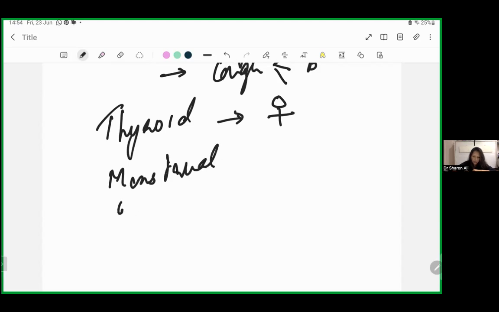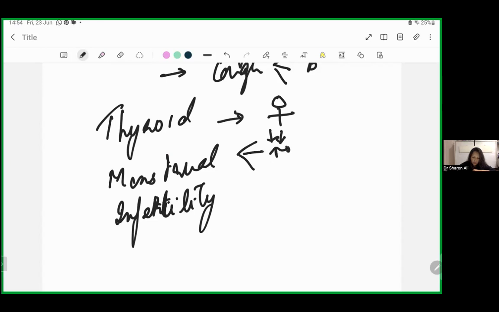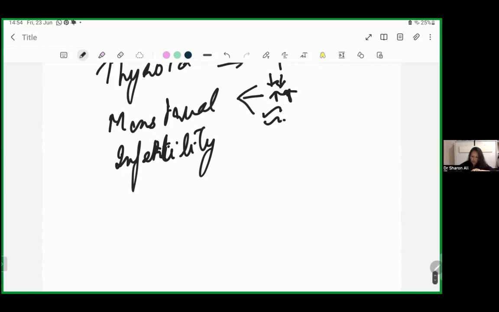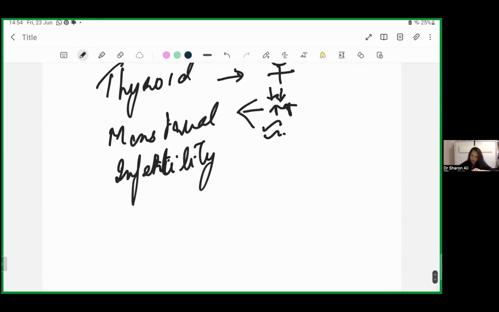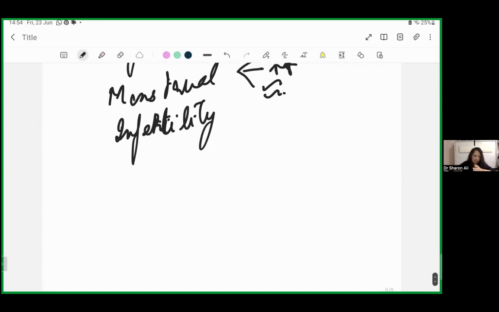This can be infertility. In menstrual, it can be decreased, increased, or irregular. Okay. And it can also be infertility. And he has mentioned, again, the medicine side of it.